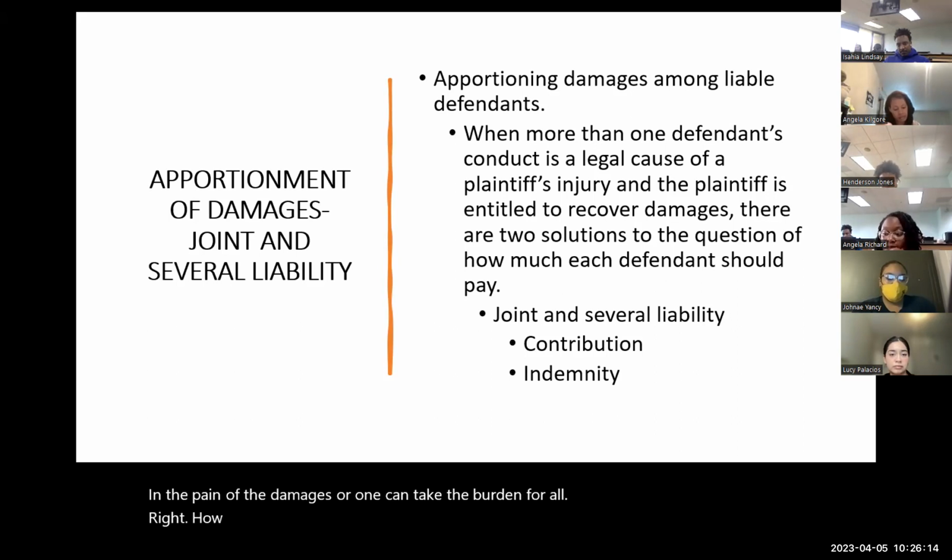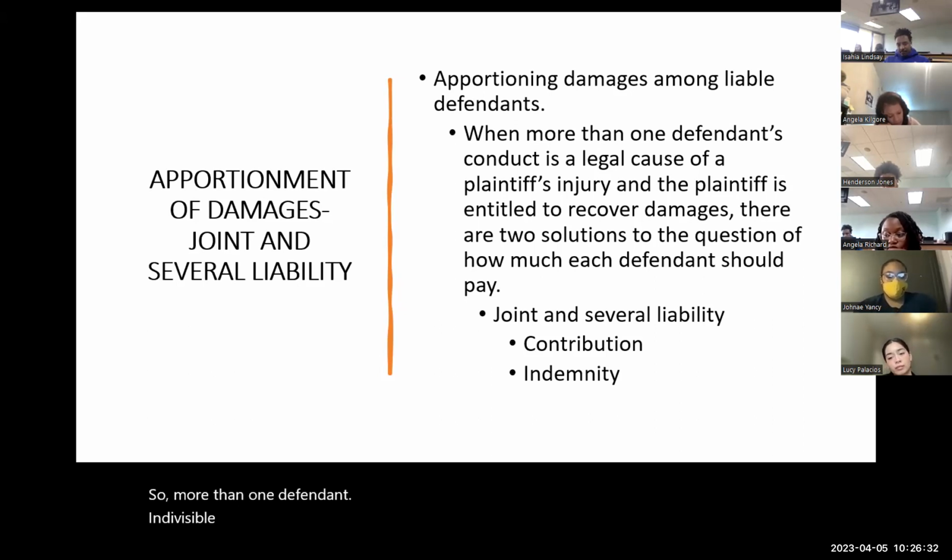How do I know what I'm looking for? You need to look for something in the fact pattern that gives you more than one tortfeasor, so more than one defendant.